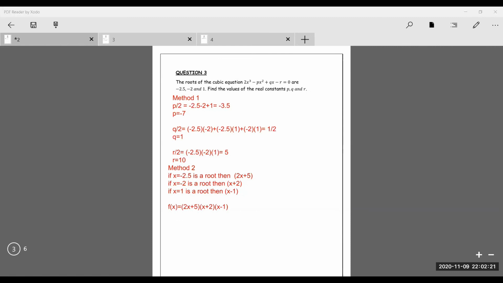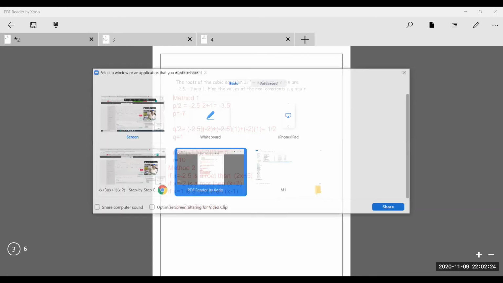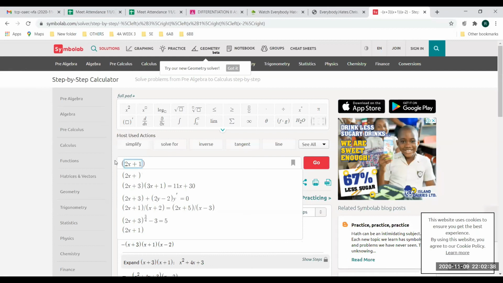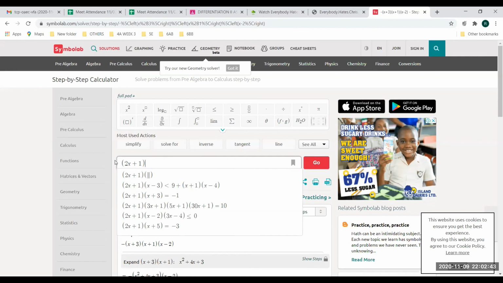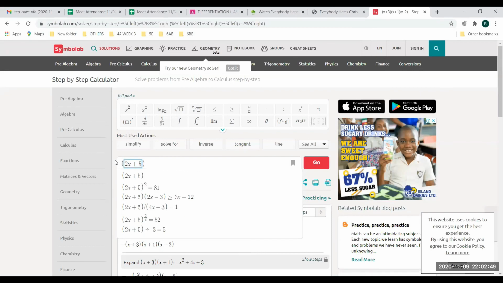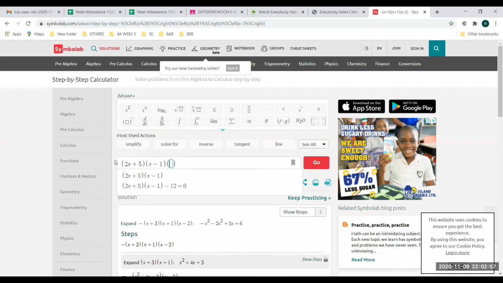So we have 2x plus 5 times x minus 1 times, I believe, x plus 2.